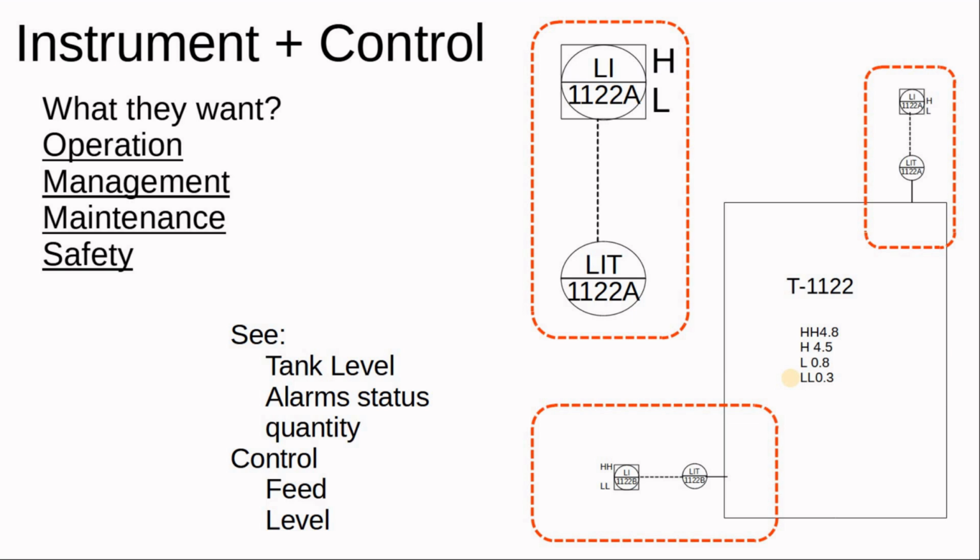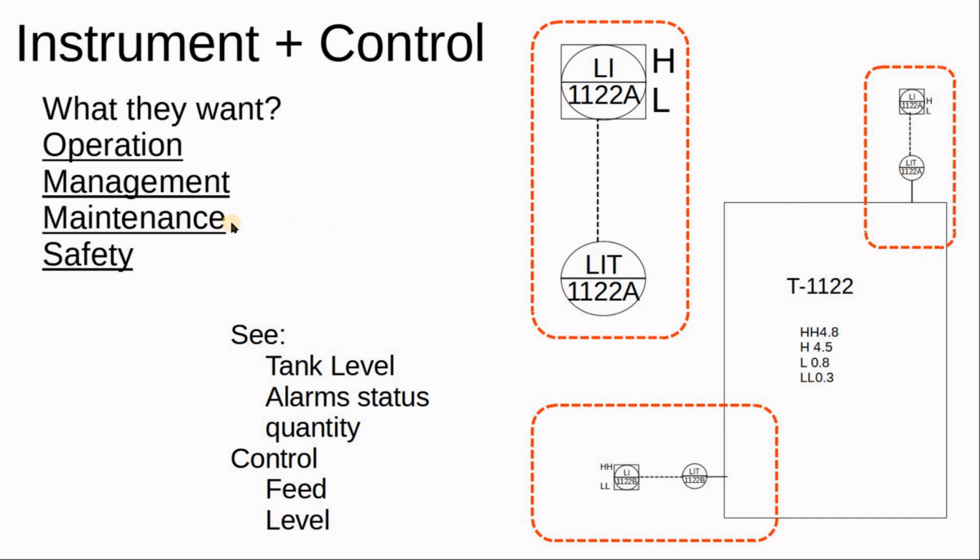The operator needs to control the feed and the level. What does management want to see in a process? Sometimes we include some data in the P&ID for the sake of being transferred to the DCS for management only. Do we need to show maintenance information like the status of the transmitter, whether it has failed or not?